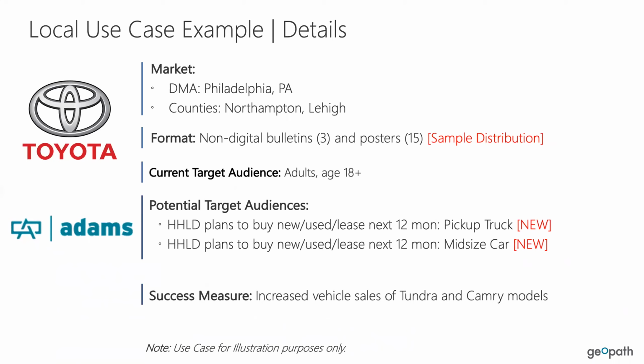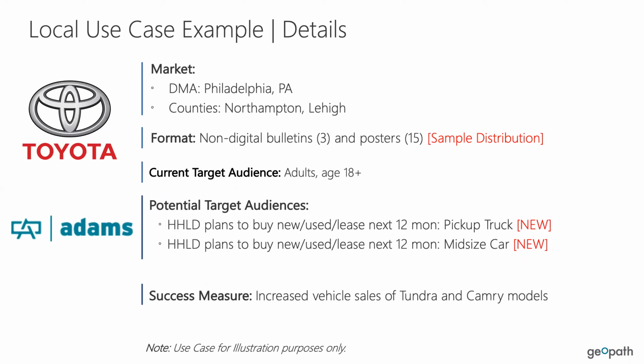And also challenge Geopath to help us focus on behaviors of potential customers versus the demographics, which is what we're so used to using. So we put together a plan working with Geopath based on impressions. We did a 1.5 million impression plan, and that worked out to be 3 static bulletins and 15 posters in the market.